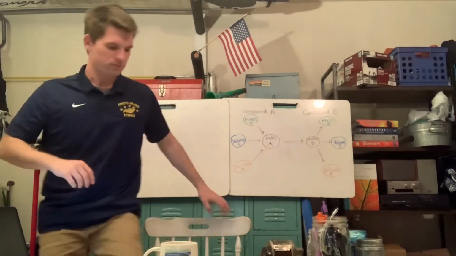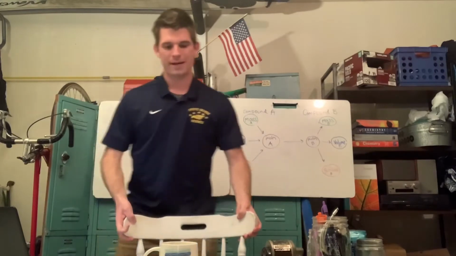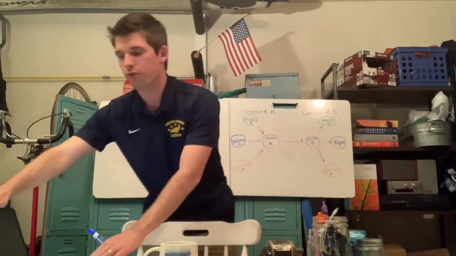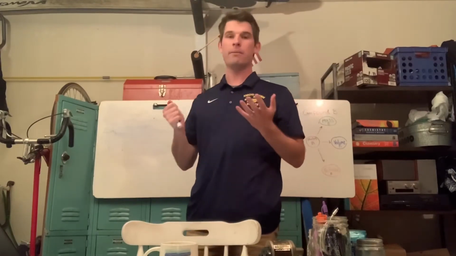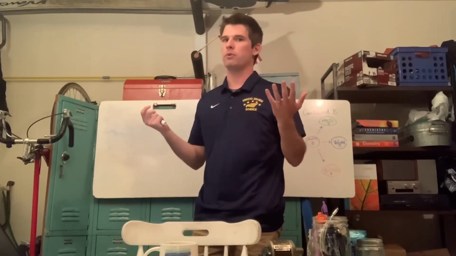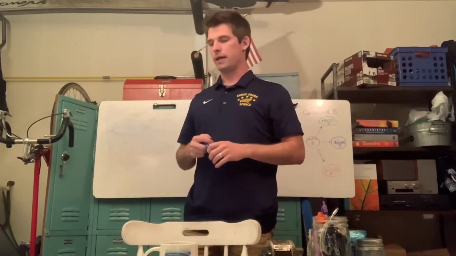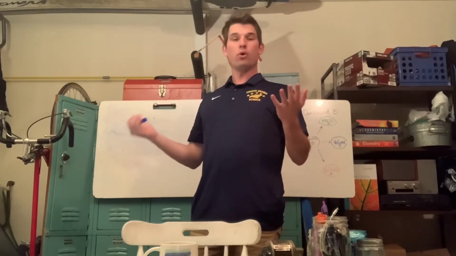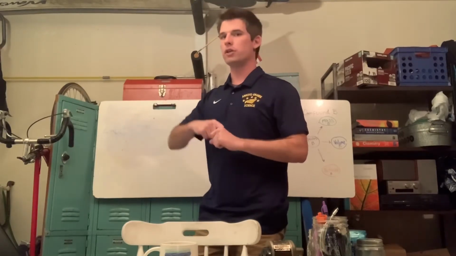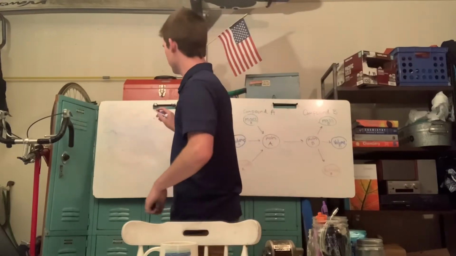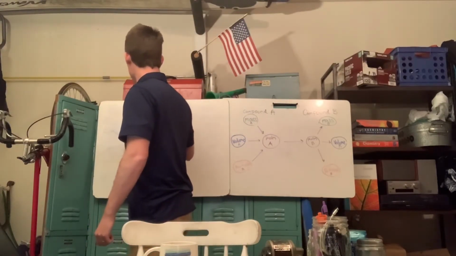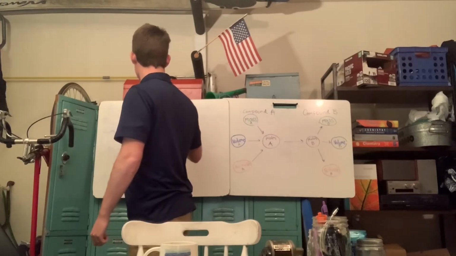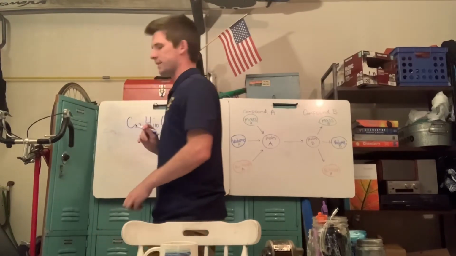So the first problem says, if you have 45.2 grams of camel fat, so some kind of chemical that camels have, how many moles of that fat chemical do you have? So I have the chemical written down for you. It's C57H110O6.